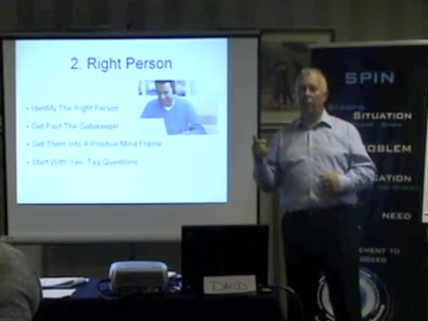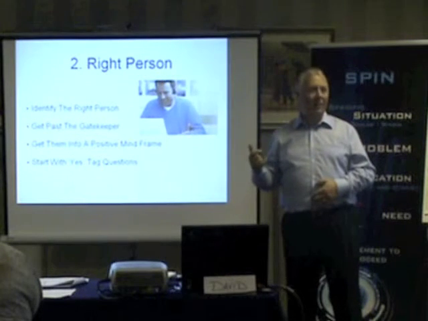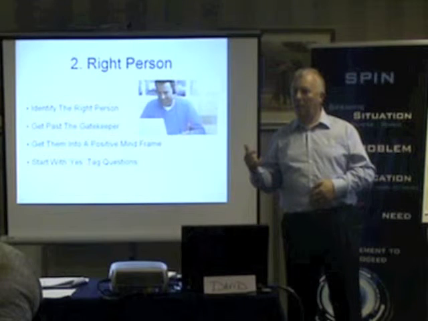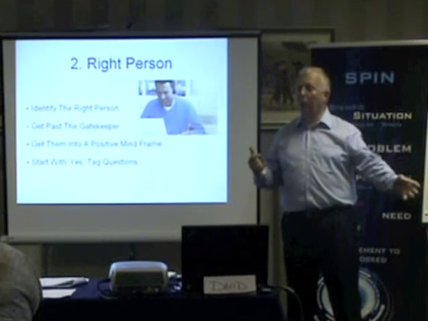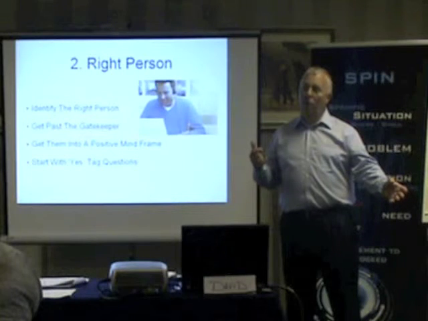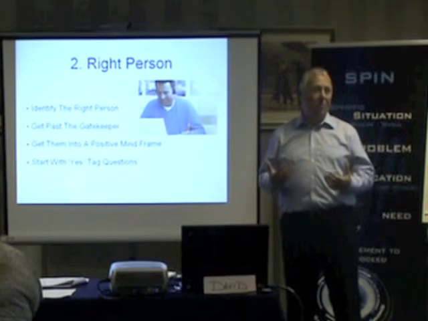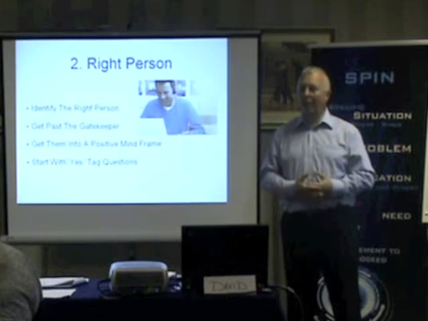What does that immediately tell you when they say yes? They are the right person, and they're a type 2 client. They've acknowledged that they've sent in the inquiry, they're willing to admit it, and therefore they're a type 2 client who wants to be helped.